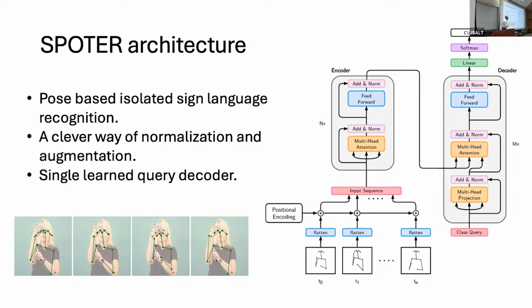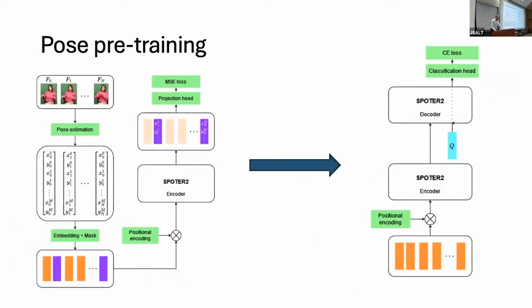And also you can do normalizations. There is something called signing space in sign language linguistics, which is the space around here, the main focus of your signing. We normalized to this space, and it brought much better results. So there are some interesting things.